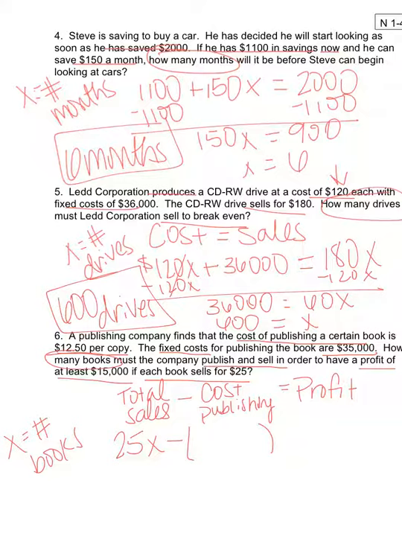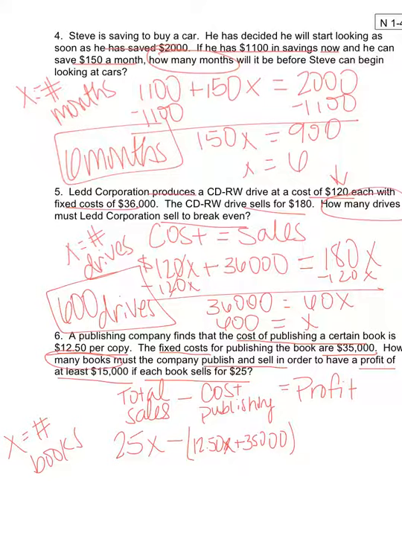So we know that it costs them $12.50 for every book published, plus fixed costs. Remember we talked about that. That's a cost that never changes. So they're charged $35,000. I'm going to erase that. So that should give us our total cost of publishing these books.